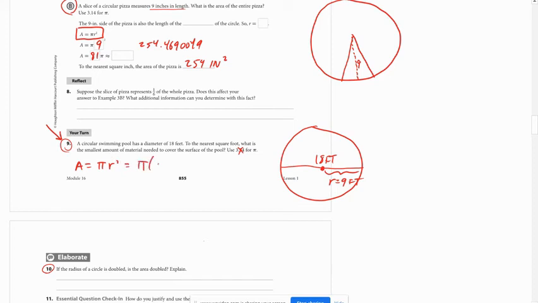So that's pi times 9 squared, which is 81 pi. That's the same number that we had in the previous problem. So that is 254.46900049. And then to the nearest foot, that's 254 feet squared.